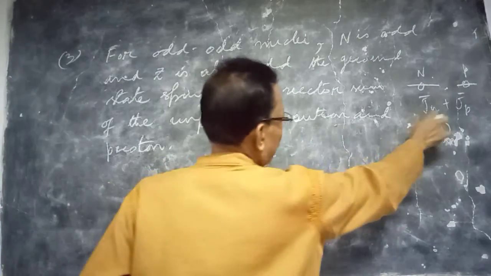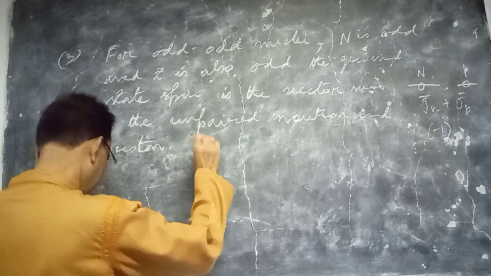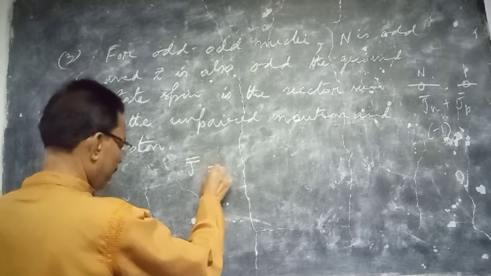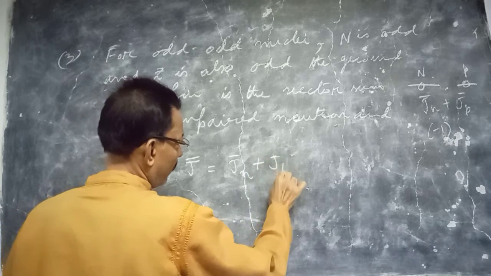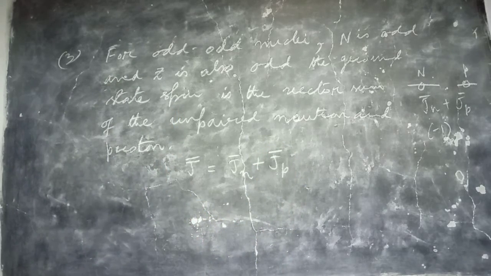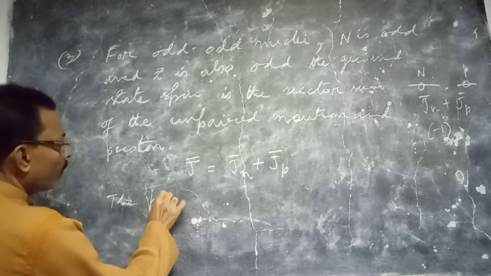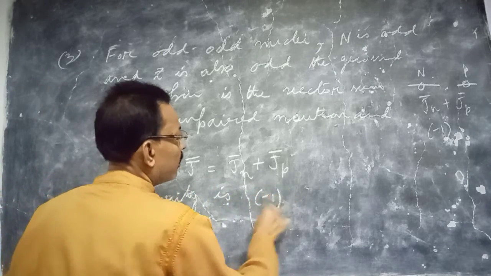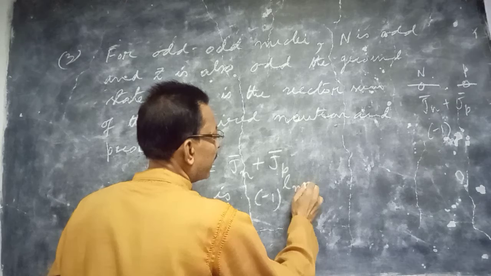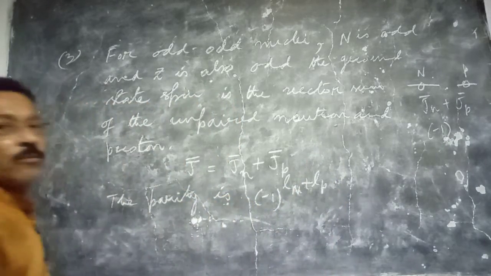As it is written here, vector sum of the unpaired neutron and proton. That is, in that case, the ground state spin will be equal to Jn plus Jp, and the parity is minus 1 to the power Ln plus Lp.